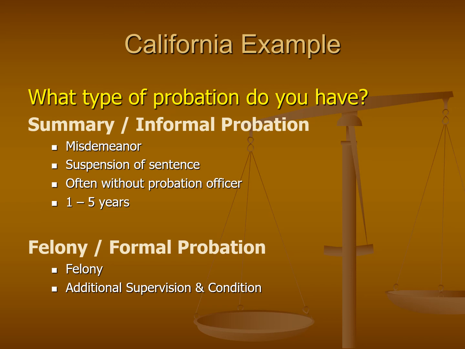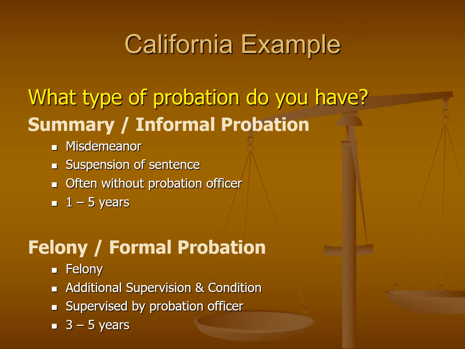There's going to be additional supervision by a probation officer for individuals serving formal probation. There's also going to be a lengthier list of terms and conditions for the probationer that they have to meet.